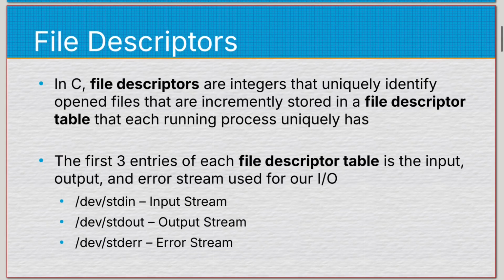So, first thing we have is file descriptors. In C, these are integers that uniquely identify open files, incrementally stored in a file descriptor table that each running process uniquely has. We're going to get to a point where you have multi-signal applications, multi-thread applications, FIFOs and stuff like that.